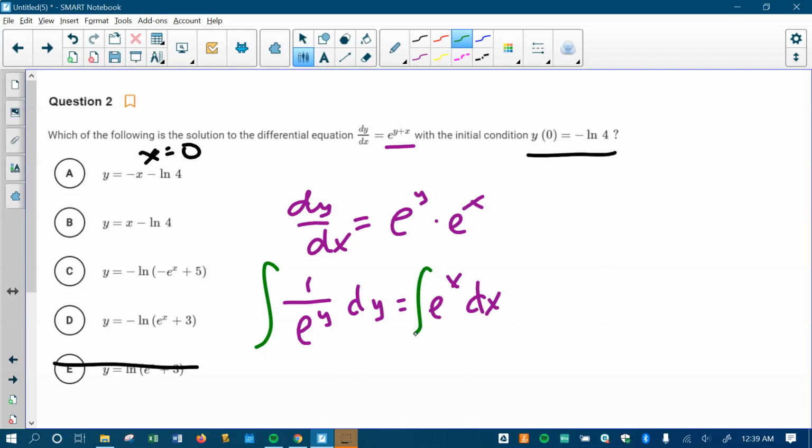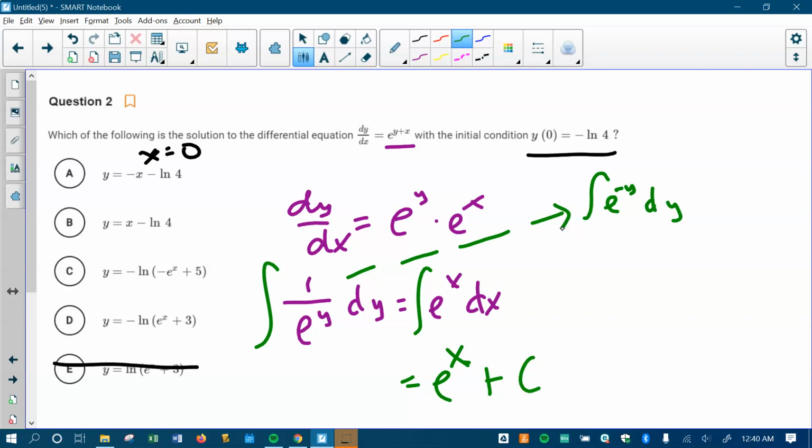On the right side, we're going to get e to the x plus c. On the left side, the integral of 1 over e to the y dy is the same as the integral of e to the negative y.